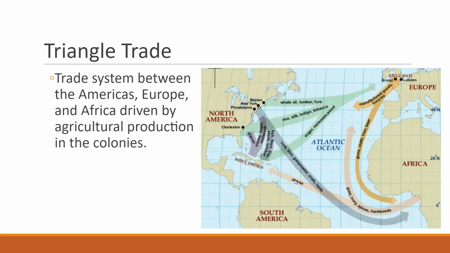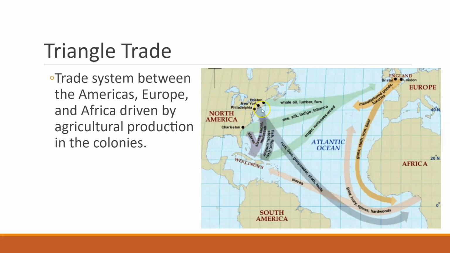Now, most of the slaves that were taken from Africa would end up here in the West Indies on islands such as Cuba or Hispaniola, or one of these smaller islands such as Barbados or Guadeloupe. But some of them were taken to the 13 English colonies.